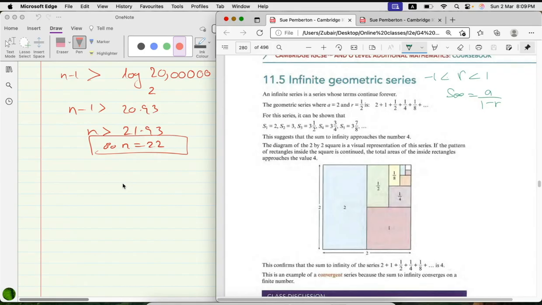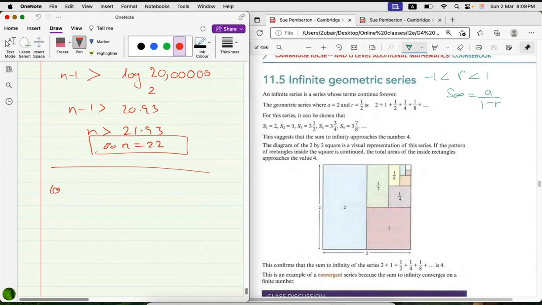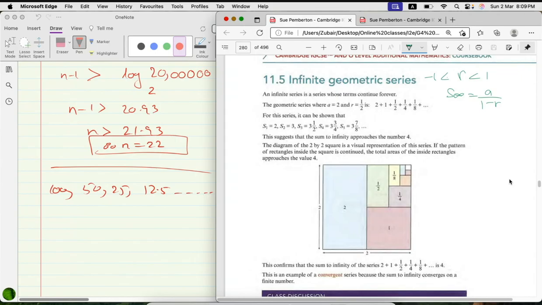And this is basically the converging series. Only then we can go up to infinity. We just did the example: 100, then half 50, then half 25, then half 12.5. So it will ultimately approach zero. So the geometric series a is 2 and r is 1 by 2. So we start with 2 and then half of that, half of that, keeps on going.